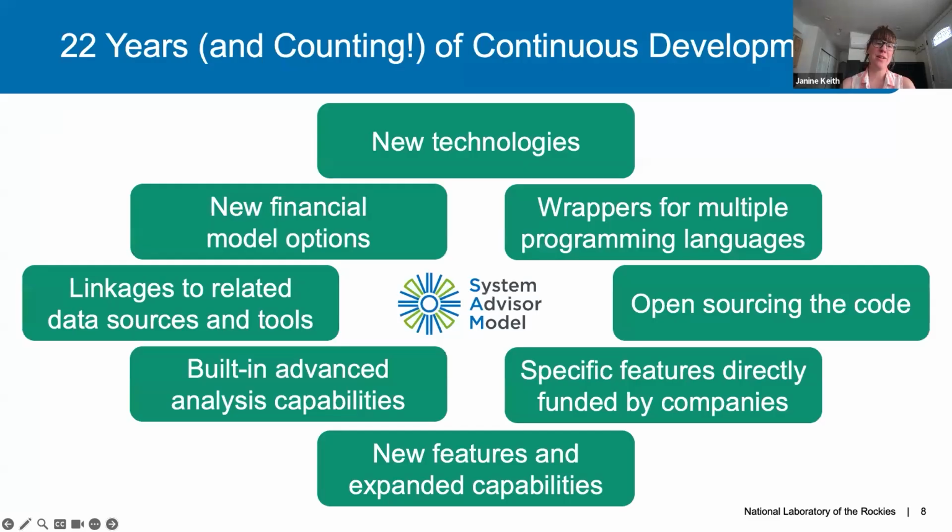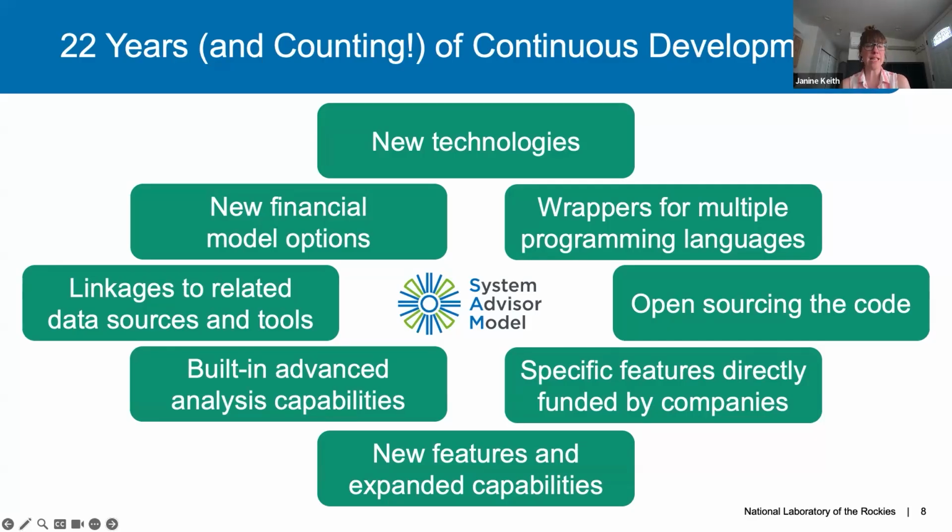Since then, there have been 22 years and counting of continuous development of the System Advisor Model. Some of the notable advancements have included a slew of new technologies over the years, many new financial model options, linkages to a whole host of related data sources and tools, some built-in advanced analysis capabilities to extend the ease of answering complex questions from within the tool, a variety of new features and expanded capabilities, and specific features that were directly funded by outside companies.